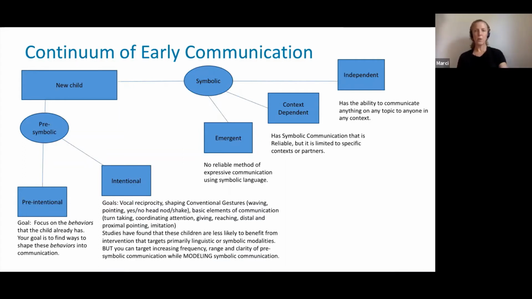We also, moving into the realm of context-dependent communicators, these are the kids that have symbolic communication, and it is reliable, but it's limited to the specific context or partners. And then finally, we have the independent communicators, and those are the kids who can say anything about any topic, anywhere.